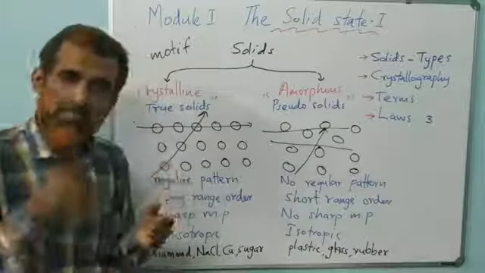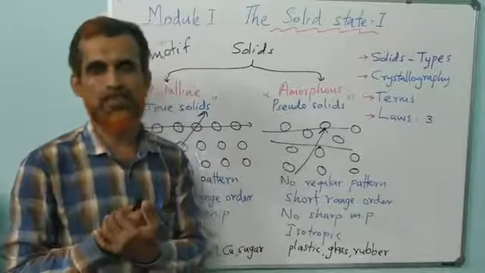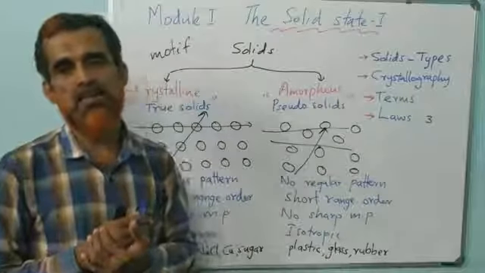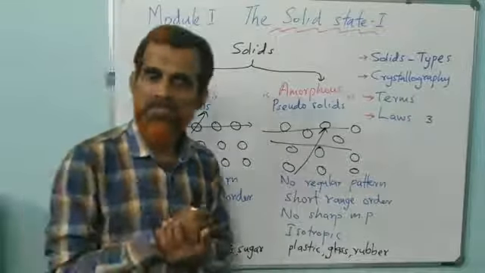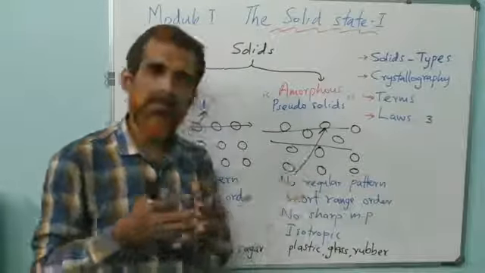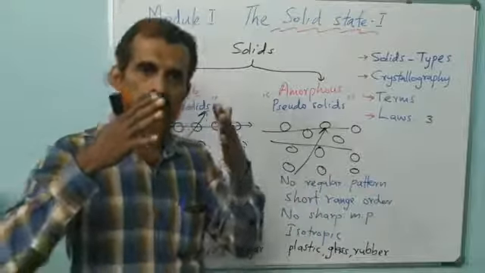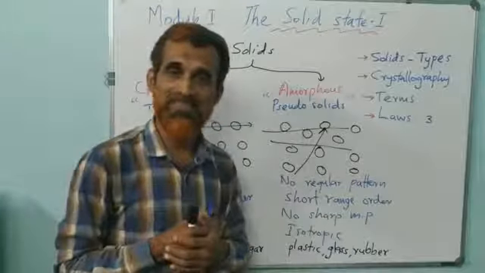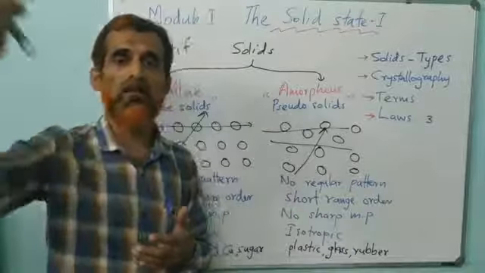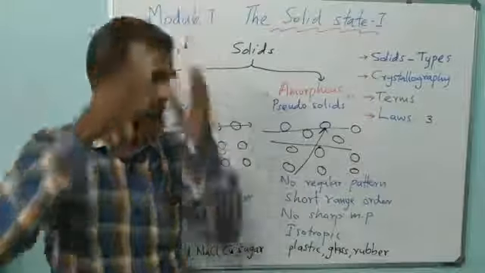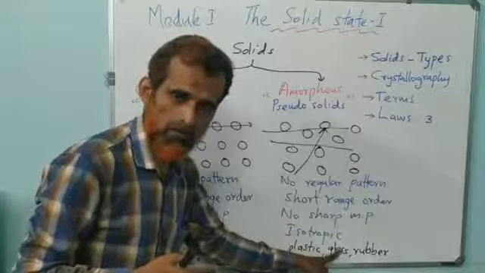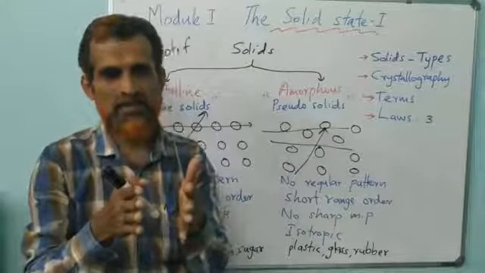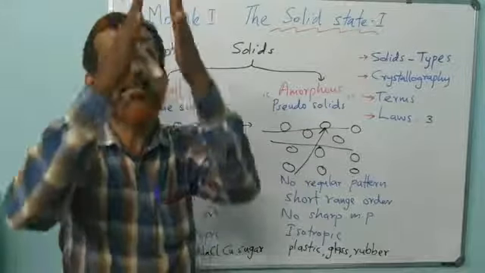Crystalline solids can withstand compressing forces to a large extent, but amorphous solids cannot withstand compressing forces. They may even flow under gravity. You can see in the case of glass, in long run, glasses which come under amorphous solid become thickened at the bottom and thinner at the top.